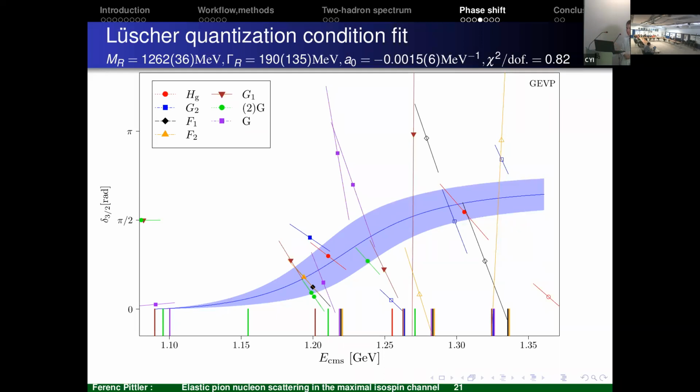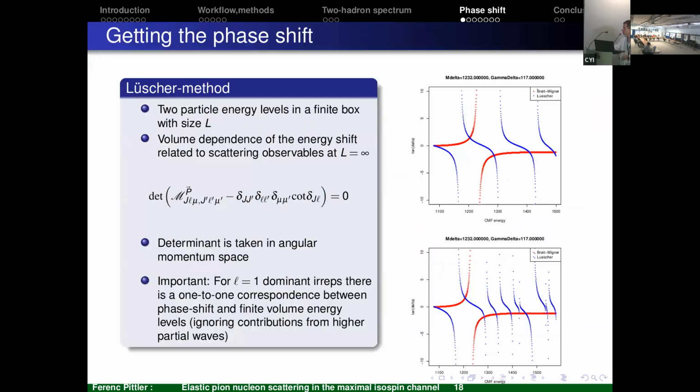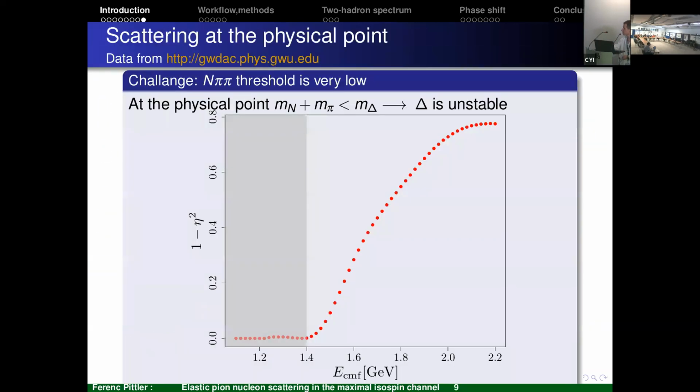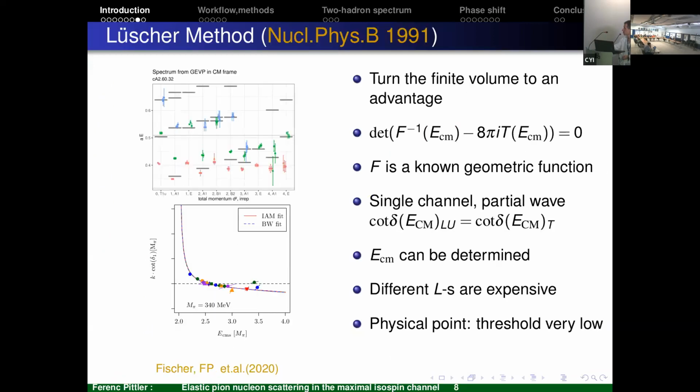If you see this kind of plot that I was mentioning for the pi case, here we have a very good control over the width and over the resonance mass as well. Of course, this is pi scattering at larger than physical pion mass.